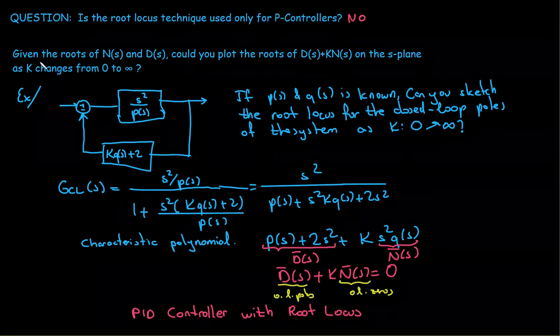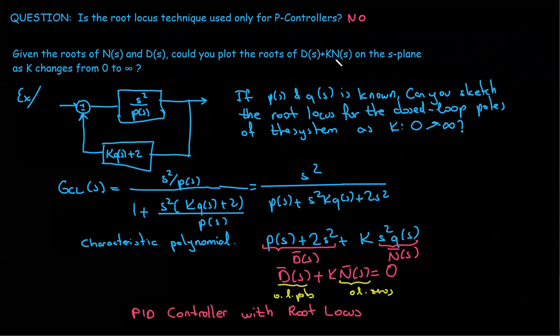Remember that we can formulate the problem of sketching a root locus as follows. Given the roots of n of s and d of s, could you plot the roots of d of s plus k n of s on the s-plane as k changes from 0 to infinity? If you approach it in this form, you can assume that n bar of s gives the open loop zeros and d bar of s gives the open loop poles, and that you are finding the roots of this denominator.